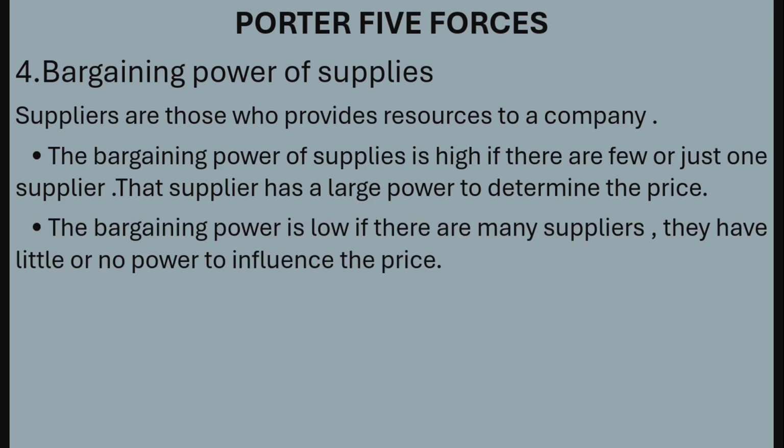The bargaining power of suppliers is low if there are many suppliers. They have little or no power to influence the price. If a business has many suppliers to provide resources, suppliers don't have absolute power. The business has the power to determine the price, and the higher the profits an industry can generate.